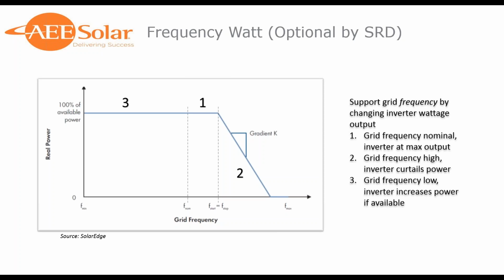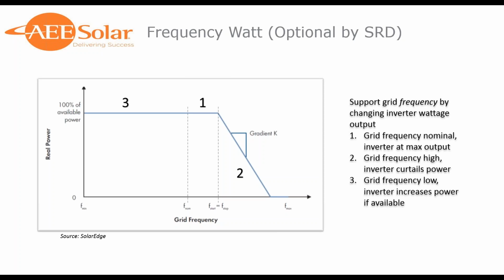On the low end, so the grid frequency is low, but still within a tolerable range, the inverter is going to increase power if available. So for standard grid tie systems, you're not going to see any available power changes between 1 and 3, because that's active operation. The inverter is exporting as much power as it sees available.